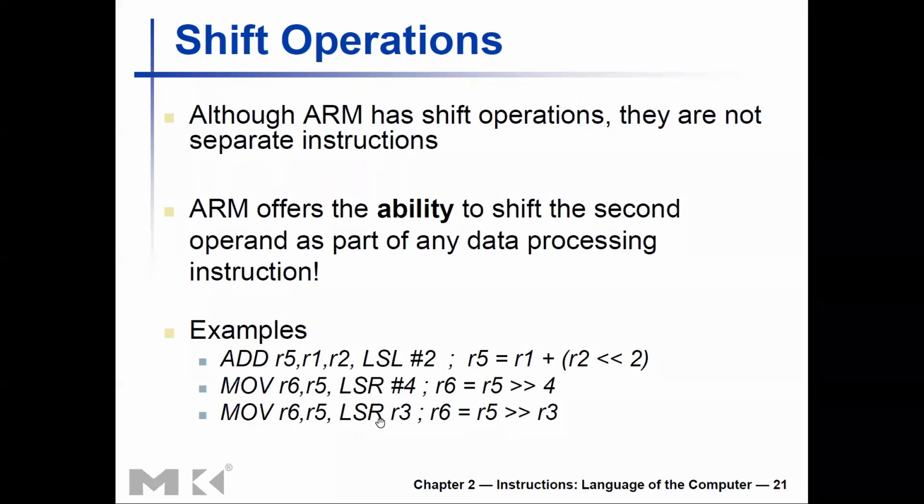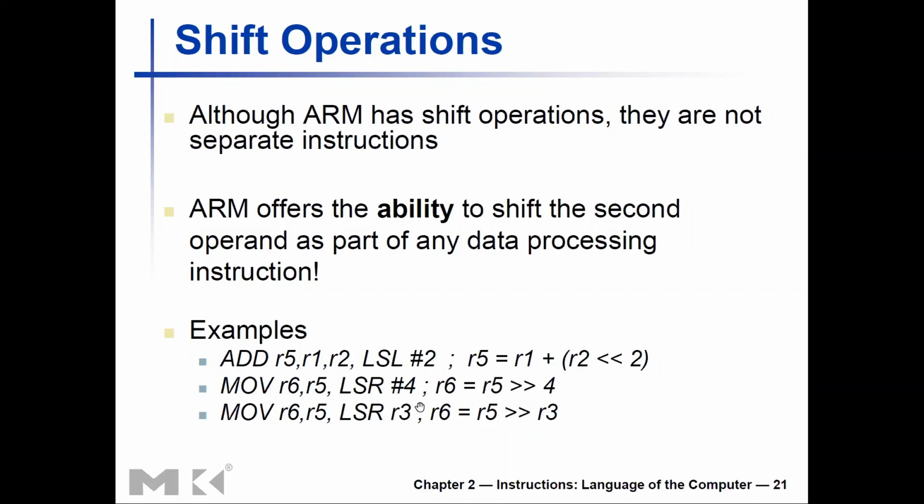If you want to shift the value stored in R5, the shift amount is not given directly as an immediate value, but that value is stored in another register.